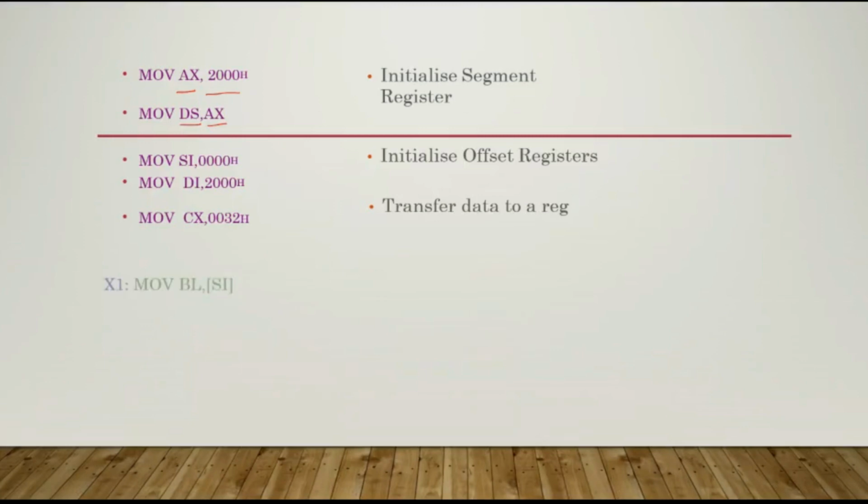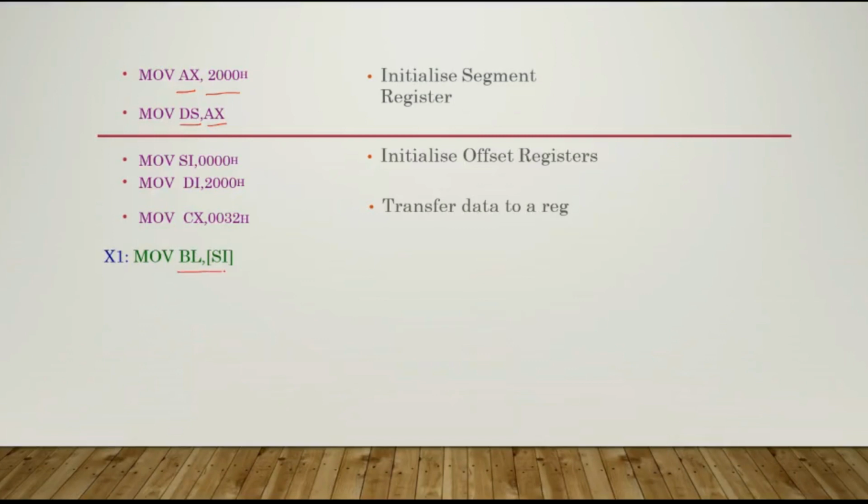So here I am going to use a looping instruction. I am writing X1. Here X1 is a label assigned to a particular memory location because this set of instructions I want to repeat. So move BL comma within square brackets SI.